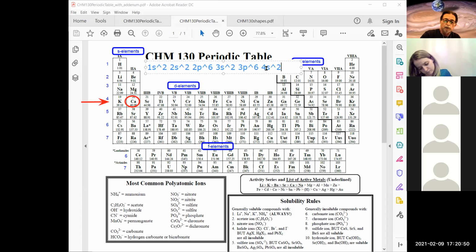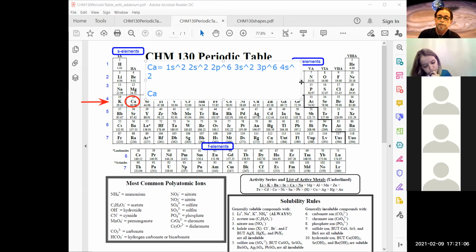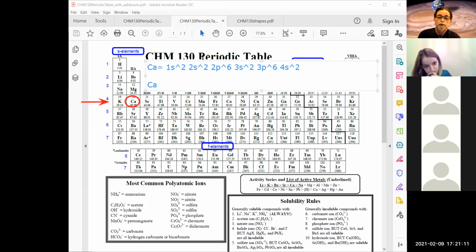Now, a shorthand way to do that is this.